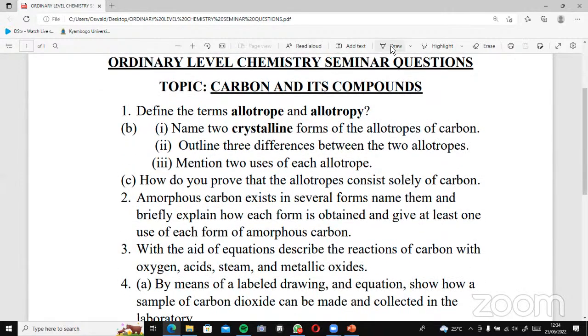There are some questions that we have covered so far. Can anybody define for us allotrope and allotropy? You can use the chat box or you can unmute yourself. We are just reminding ourselves of what we have covered so far.